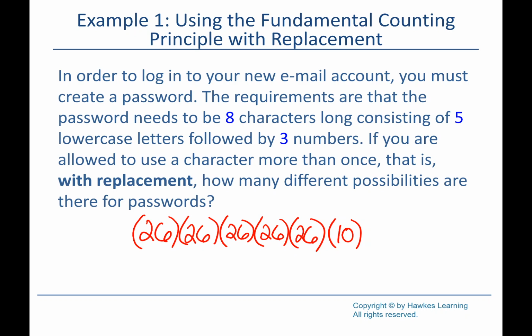For the next one, we can reuse one if we need to. So like if we picked 1 as our digit on the first one, we could use 1 again with replacement. So that means we still have 10 choices. And for the last one, we still have 10 choices. And we just multiply all those together. That's our fundamental counting principle here.